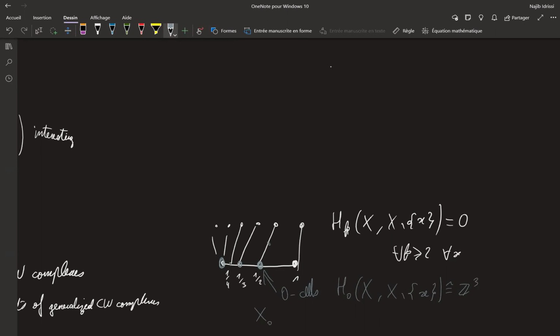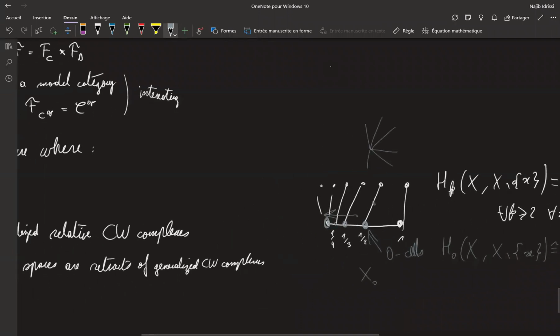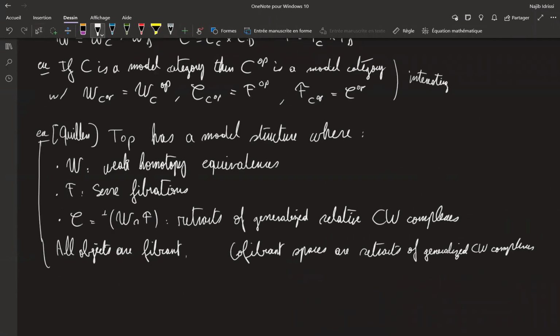Of course, it's homotopy equivalent to a CW complex. You can just make a homotopy which puts everything to the side here, and this becomes a wedge of segments, right? But it's not homeomorphic to a CW complex. All right. You can read the notes and have a look at it. Anyway, let's go back to the examples.